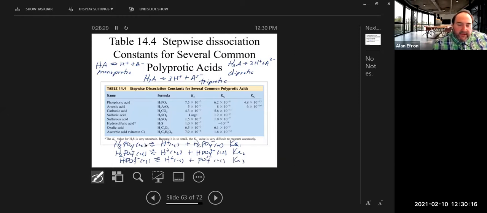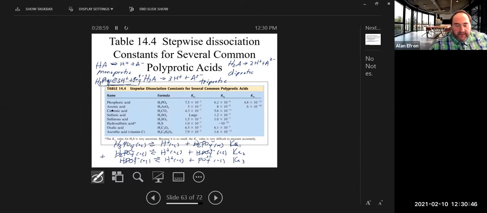And sometimes when we think about these reactions, we think about the overall reaction that you get when you add all these together. If you add all these together, this cancels, and you're left with the overall reaction we sometimes think about, which is H3PO4, 3 H+ on the product side, which is over here, and our phosphate.